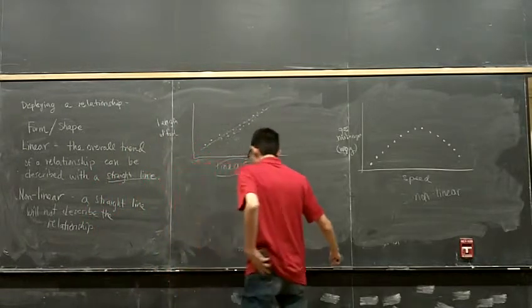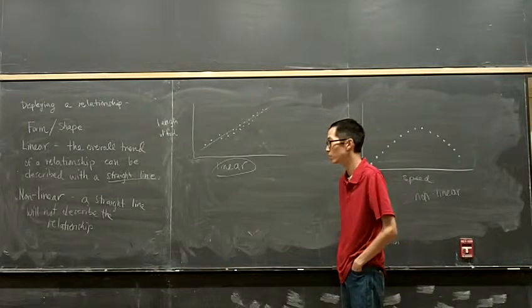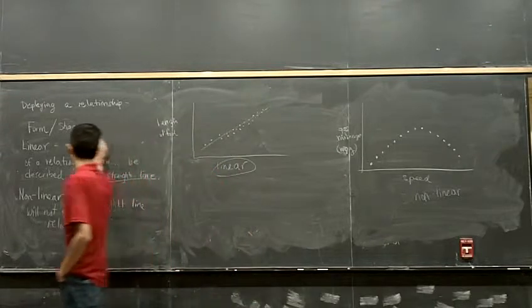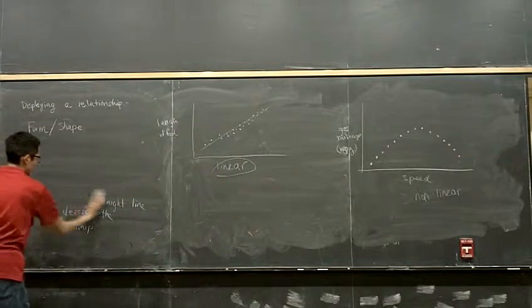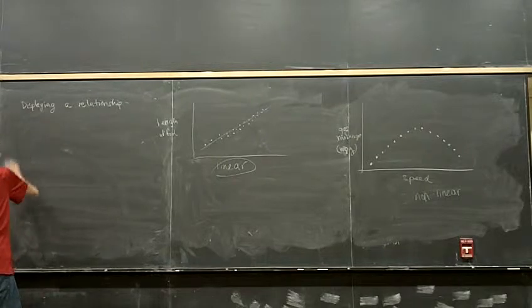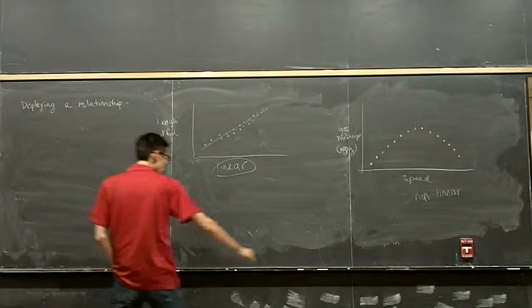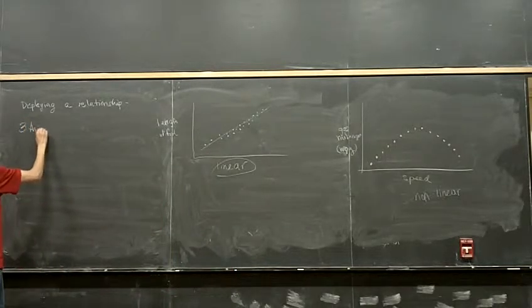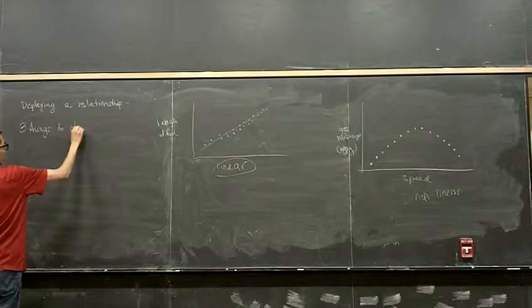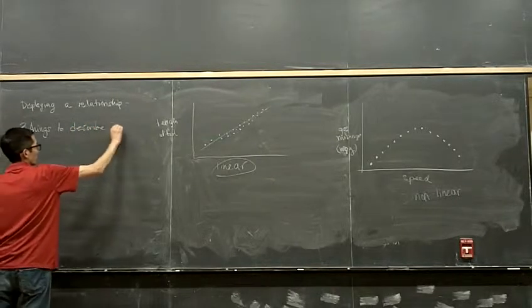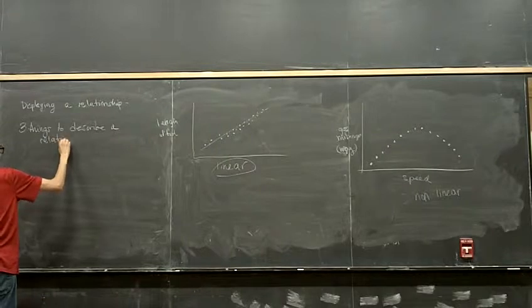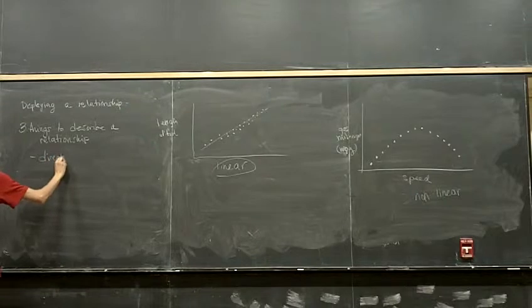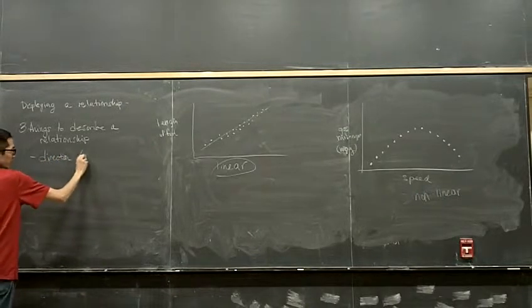So what are the 3 things you want to use in describing a relationship? The 3 things we want to talk about when describing a relationship. First is direction, and that is whether it's positive or negative.